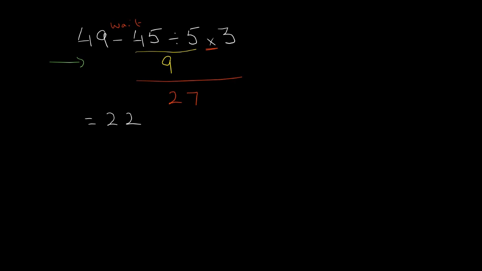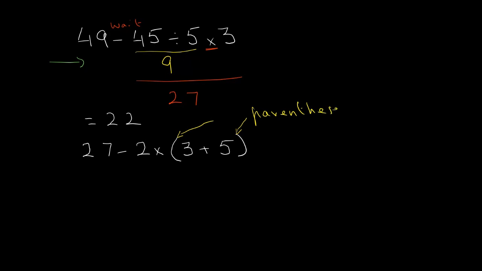So, for example, if you have a problem like 27 minus 2 multiplied by (3 plus 5). These objects are called parentheses. So this is important. They are called parentheses, and they have to be done first.